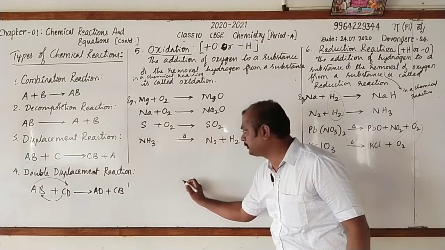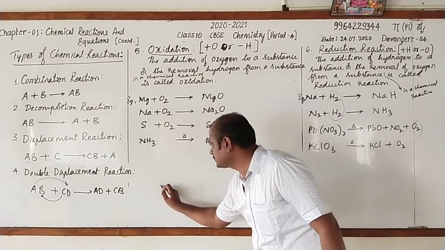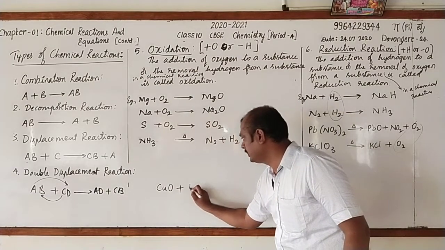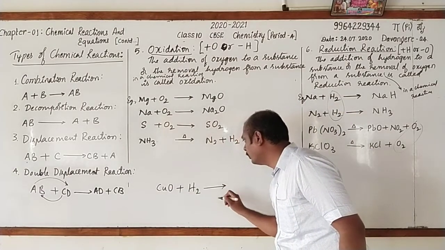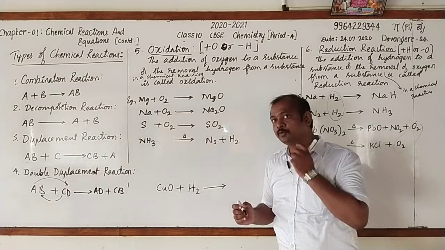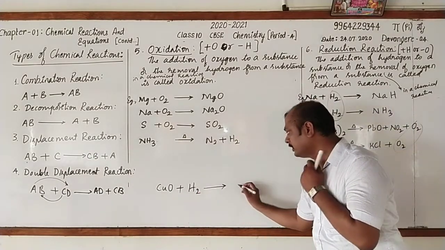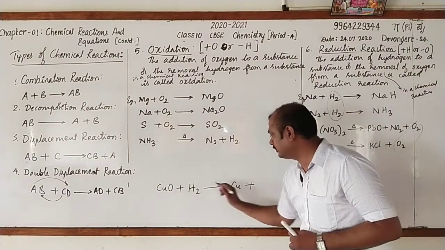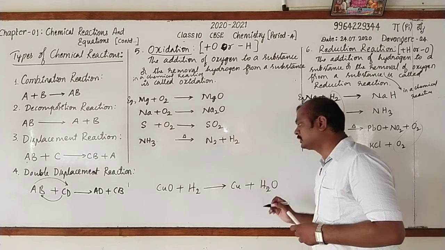One more, just keep observing. Here this is CuO plus H2. Could you tell what happens when copper oxide reacts with hydrogen? Here copper gets separated, right? Then we will get water, H2O.